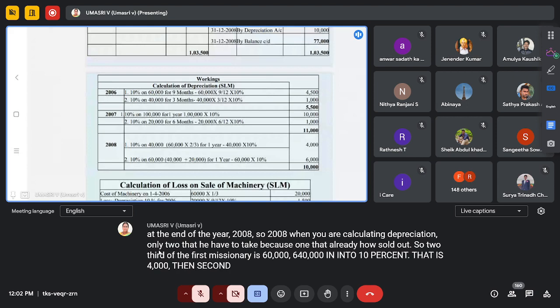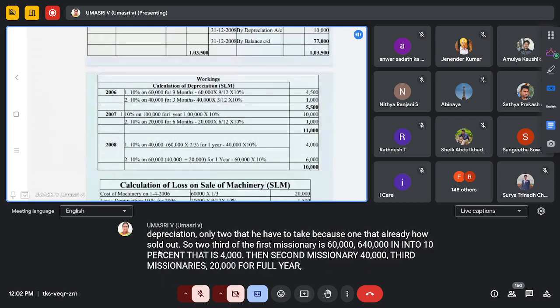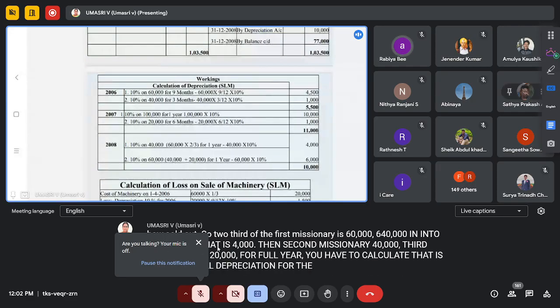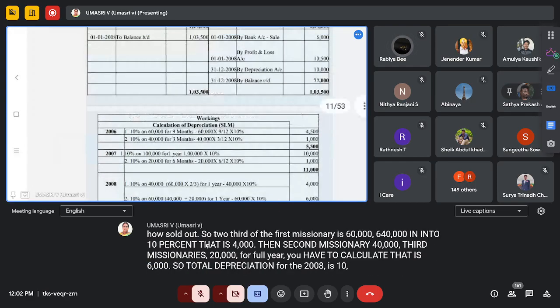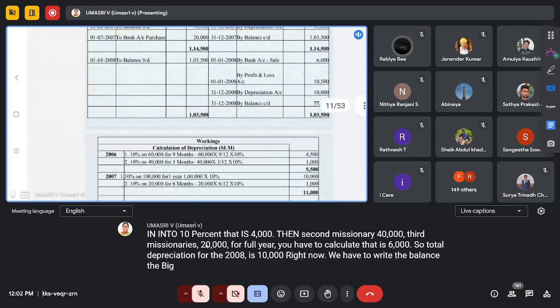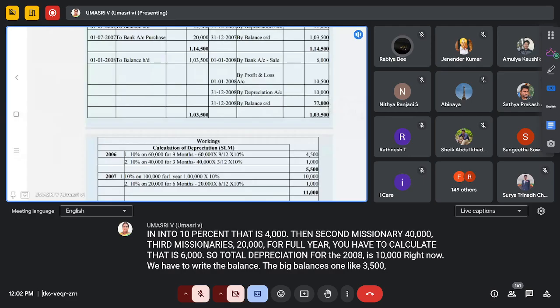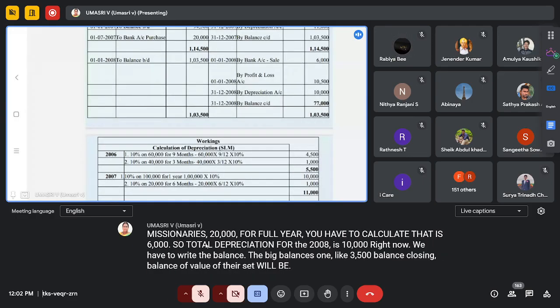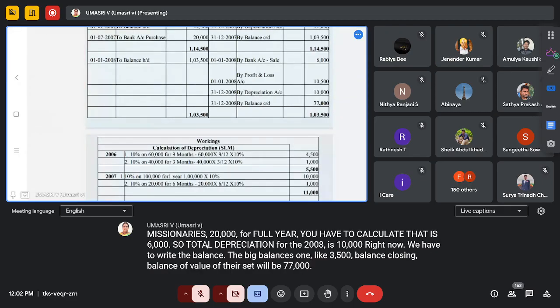Then the second machinery 40,000 and the third machinery 20,000 for the full year, that is 6,000. So total depreciation for 2008 is 10,000. Right, now you have to write the balance. Debit balance is 1,03,500. The closing balance, or book value of the asset, will be 77,000. Do you understand?